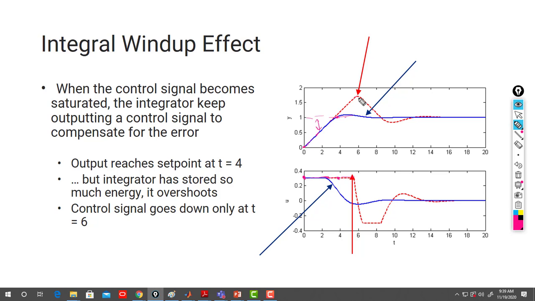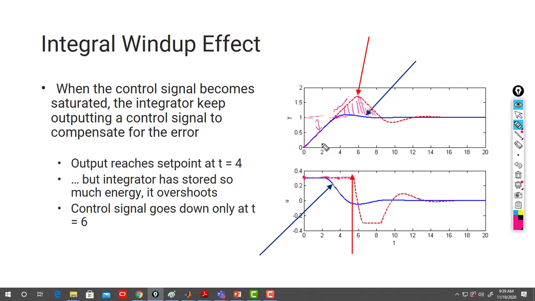It only decreases, goes down, when you are here, because you are accumulating a lot of energy before reaching the set point, since it was saturating here. And this is what we call the wind up effect, this overshoot that happens.